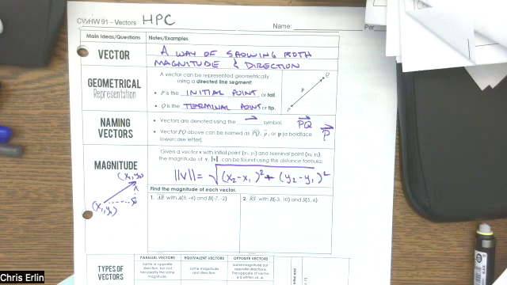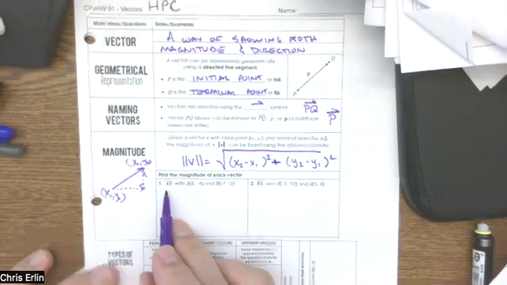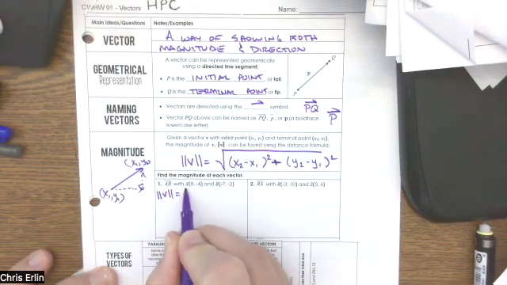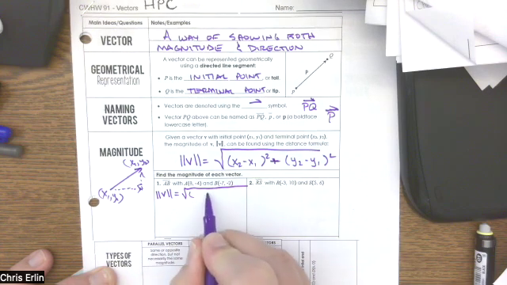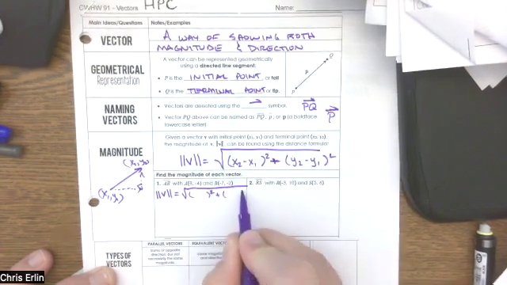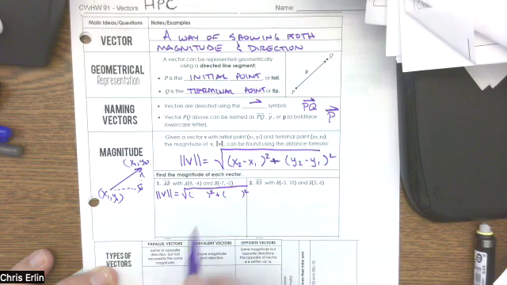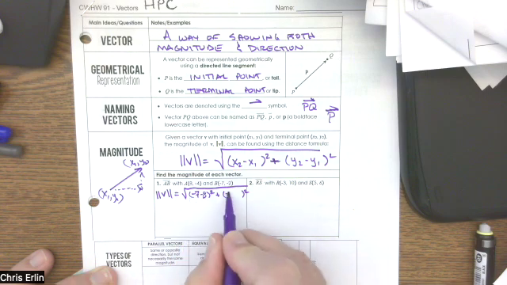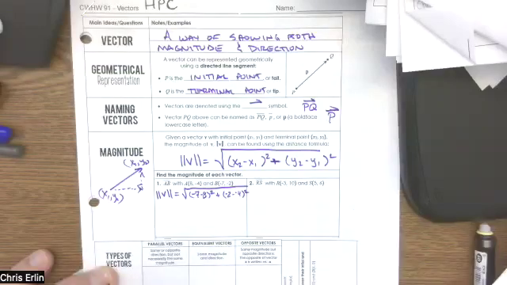Pretty similar, right? So for example, if I want to find the magnitude of this, I'd say the magnitude is equal to the square root of two quantities squared added together. Which values go here in the first spot? The x values. So the first one, -7 minus 8, and -2 minus -4.